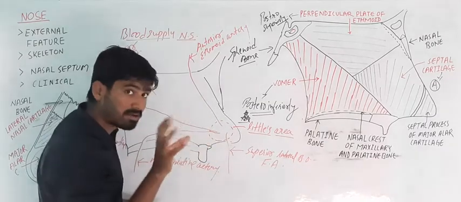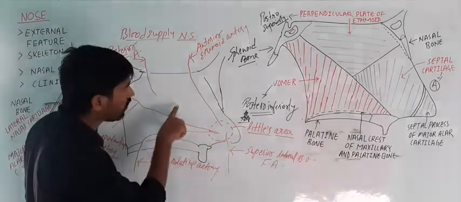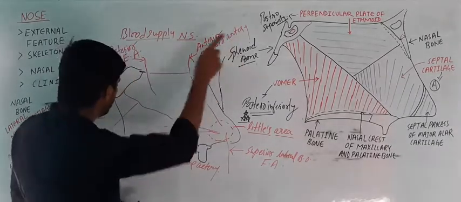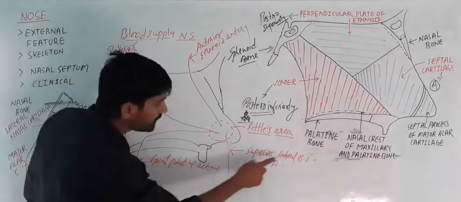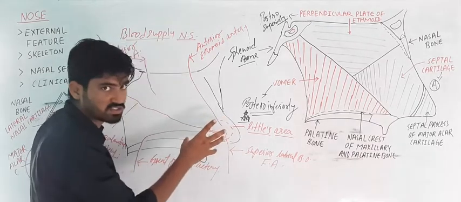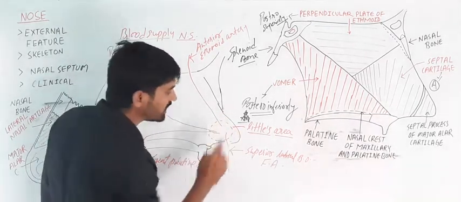So the septal branch of the anterior ethmoid artery, sphenopalatine artery, greater palatine artery, and the superior labial artery of the facial artery come here and make one anastomosis. That's why it's a very highly vascular area. So that is called Little's area.